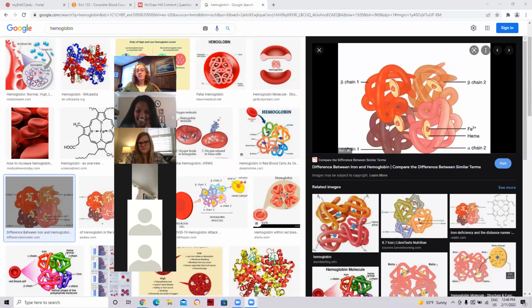So 4 polypeptide chains. This is hemoglobin with a heme group in the center of each one. And within each red blood cell, I'm trying to remember, there's at least 250 million hemoglobin molecules. So without the iron in the heme group, you're not binding oxygen, right?